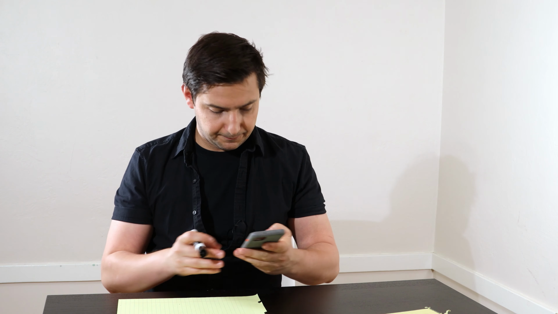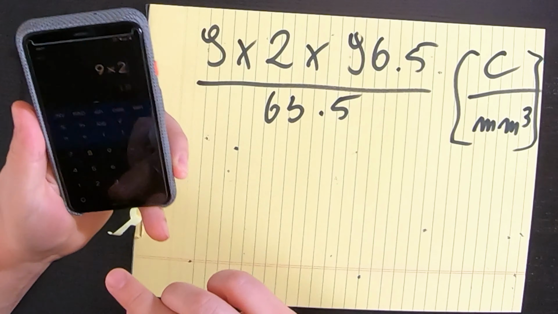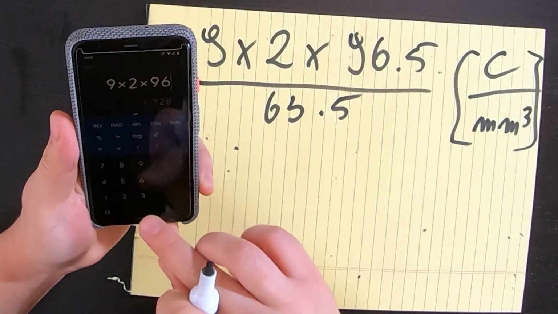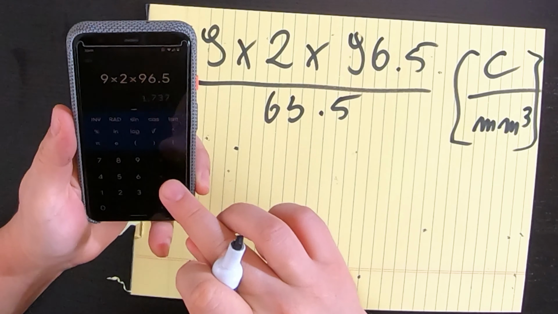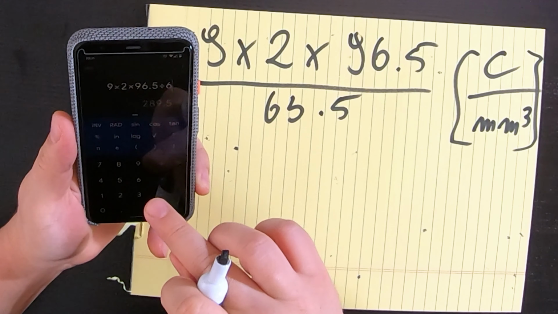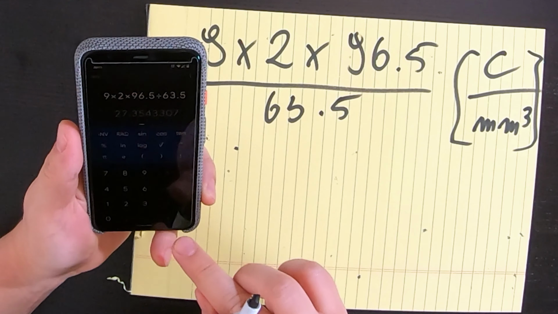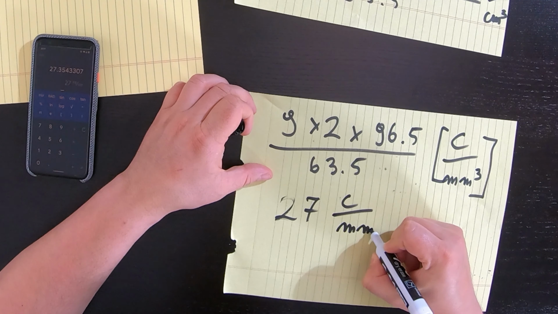Let's speed things up by using a calculator. So it's 9 times 2 times 96.5 divided by 63.5. The result is 27 coulombs per cubic millimeter, not centimeter.